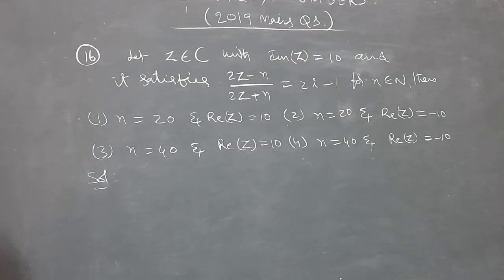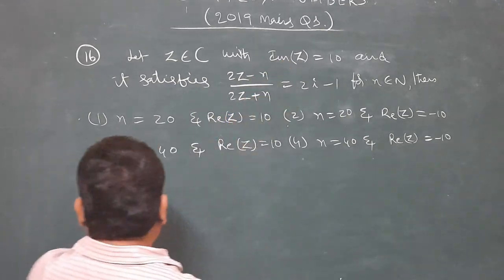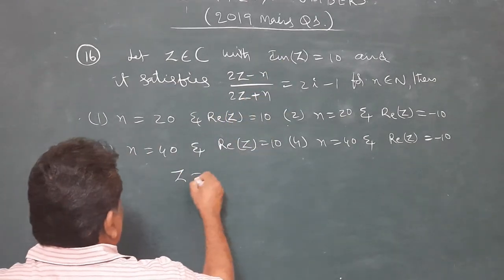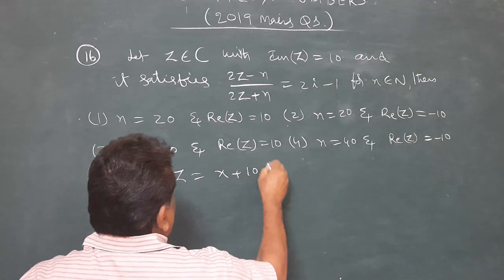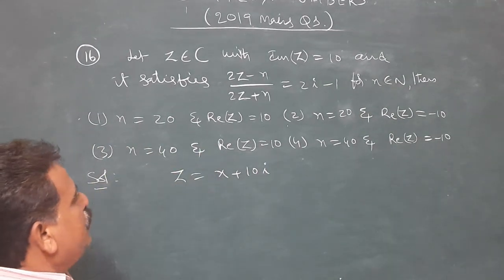We don't know the real part of z; here the imaginary part is given as 10. So z is taken as x plus 10i.